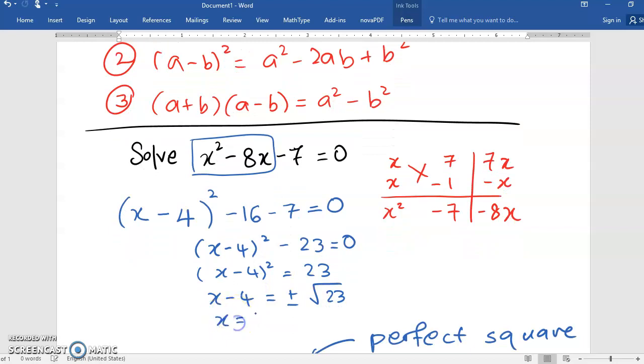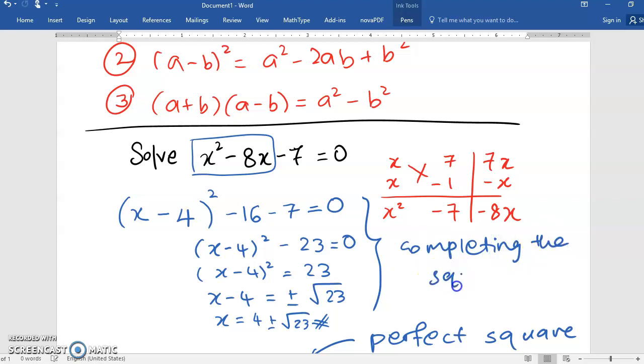I will get x equals 4 plus minus root 23, which is my answer. And this entire process is known as completing the square. Because we are trying to make it a perfect square.